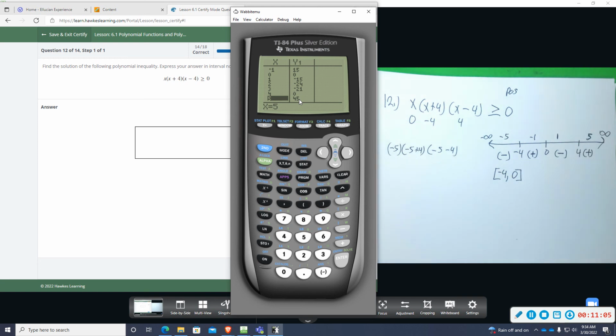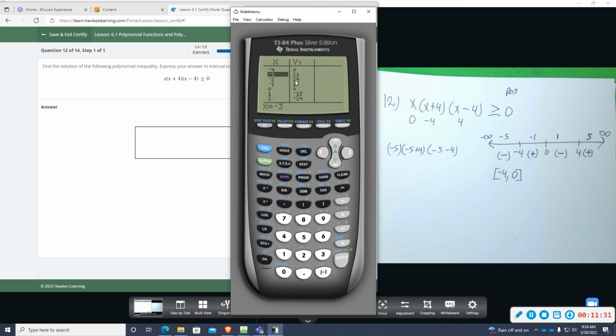And you can also see that on the table. So if I go up to negative 4, right here is 0 or positive because greater than or equal to 0. And then if I look at negative 3, negative 2, negative 1, all of those are positive. And then when you get to 0, you're back at 0. So every number between here is either 0 or greater. And that's why you don't have to test every number. You just pick one.